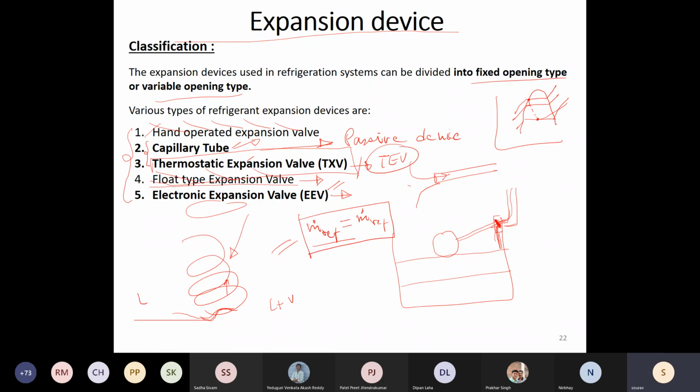And the most important thing is the mass flow rate delivered by the compressor should be balanced by the mass flow rate flowing through the expansion device. If there is an inequality, then either your evaporator will start to flood or it will start to get starved.